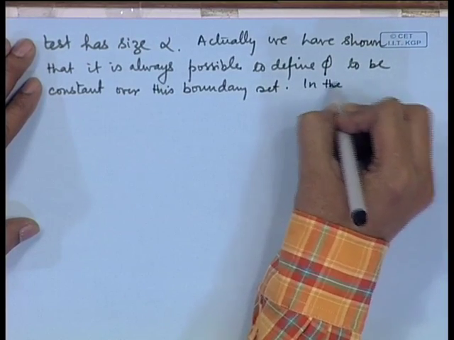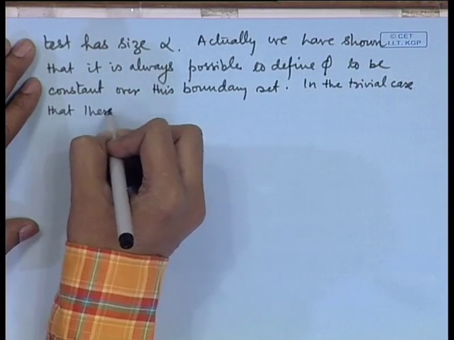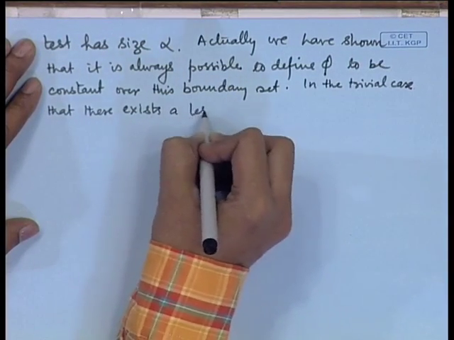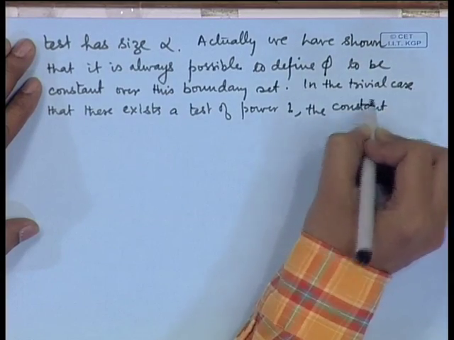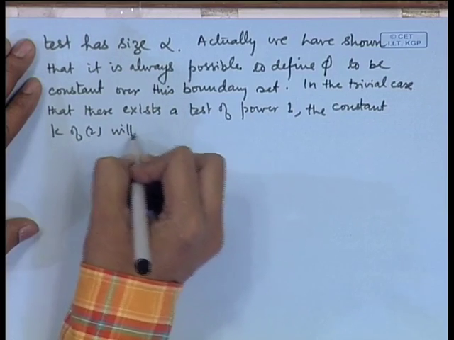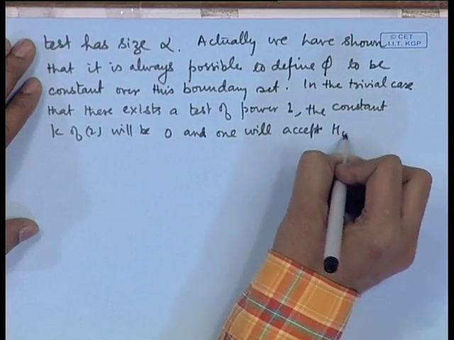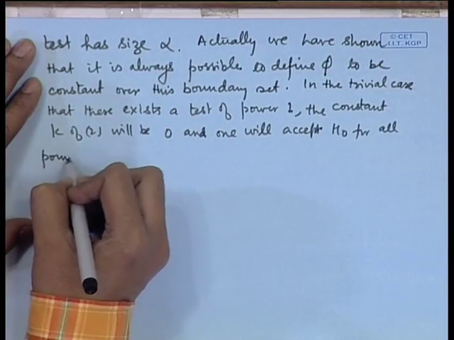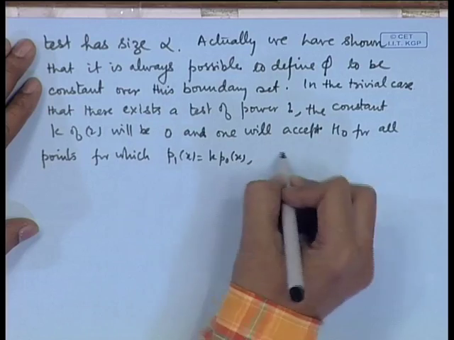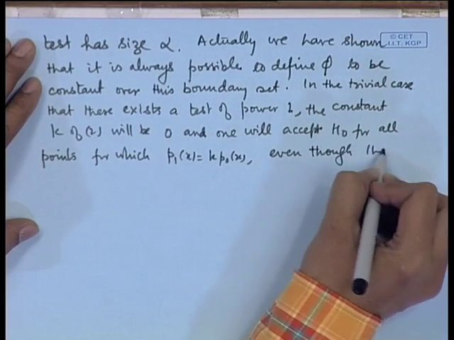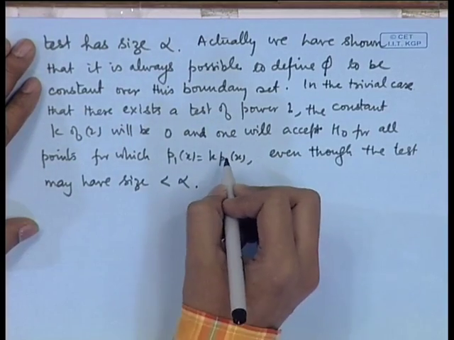In the trivial case that there exists a test of power 1, the constant k of 2 will be 0 and 1 will accept H naught for all points for which P 1 x is equal to k P naught x, even though the test may have size less than alpha.